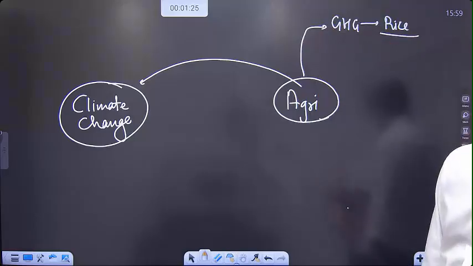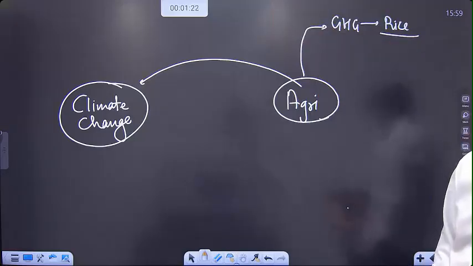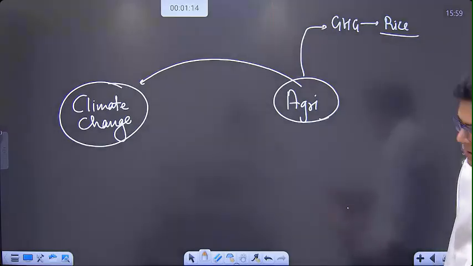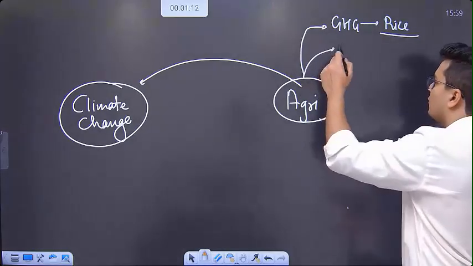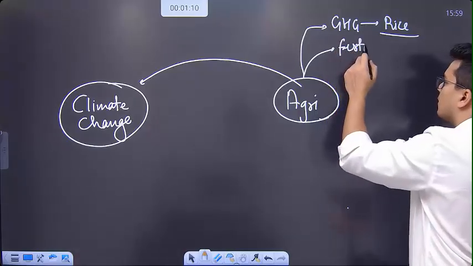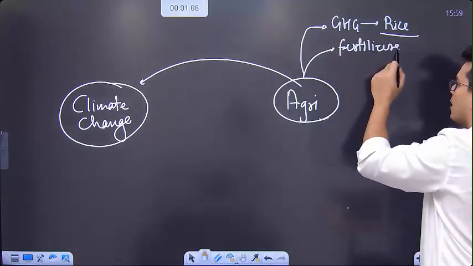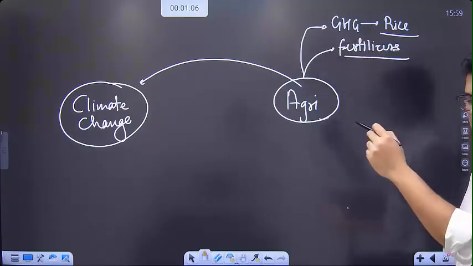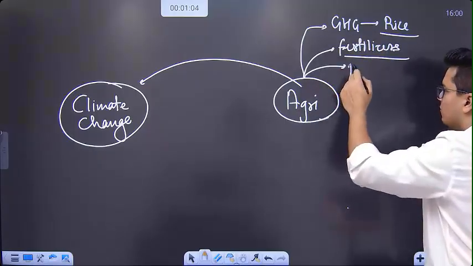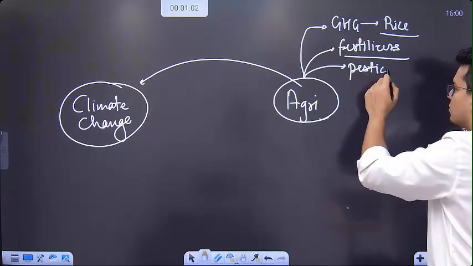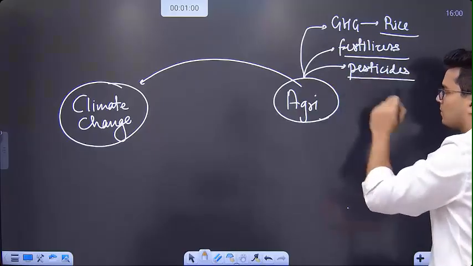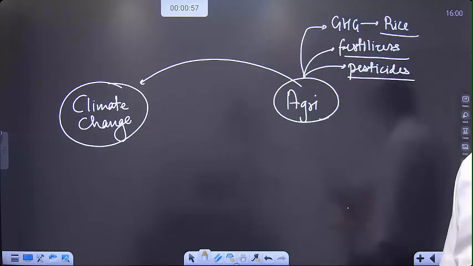What else? Greenhouse gas emission is done. There is an issue of fertilizers and the possible impact they have on climate. Similarly, the use of pesticides in agriculture has an impact on climate. What are the other things?